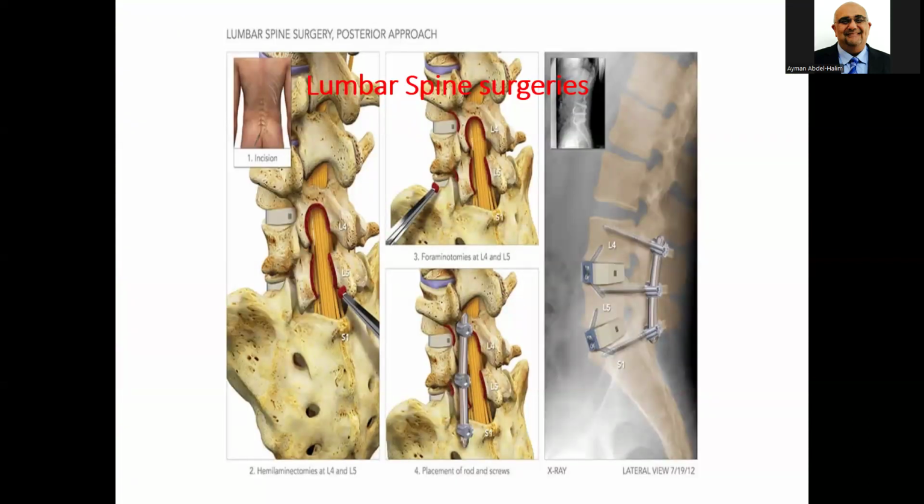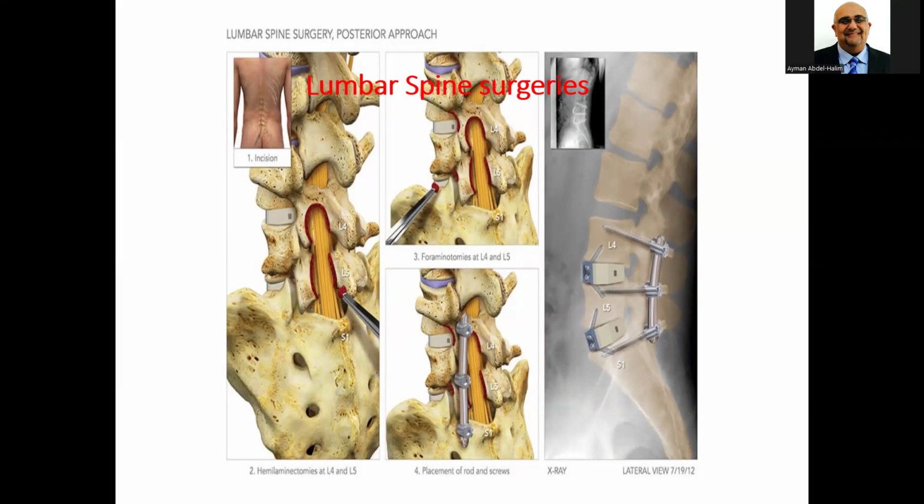I will end here with the lumbar spine surgeries that we do for low back pain. You have the laminectomies, okay? You have a fusion, okay? Of course, the surgeon will decide which surgery he will do depending on so many factors.